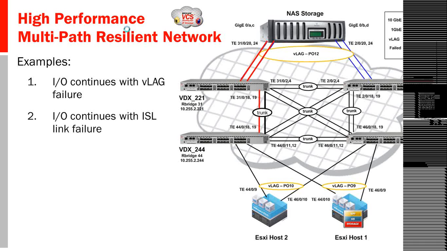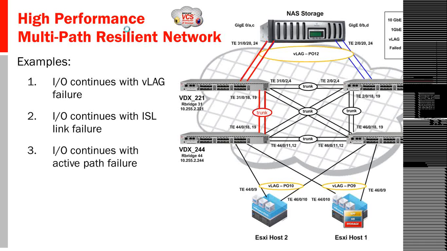We've already looked at ISLs in previous slides, so I think point 2 is probably quite obvious, that I/O would continue between the VDX devices when single links within an ISL fail, as we saw there with that one going red. But also, if all the links in an ISL fail, we've actually got a path failure between those two devices.